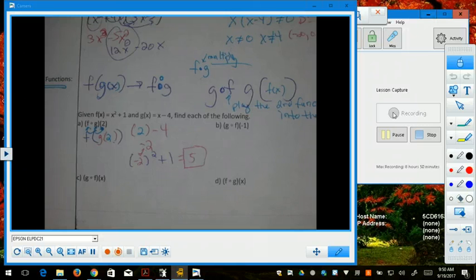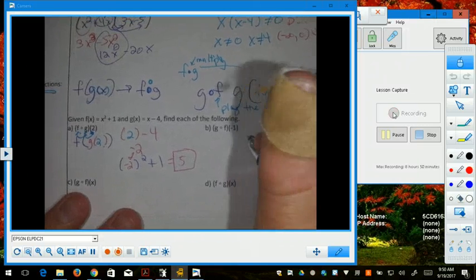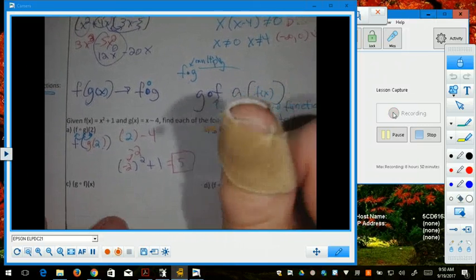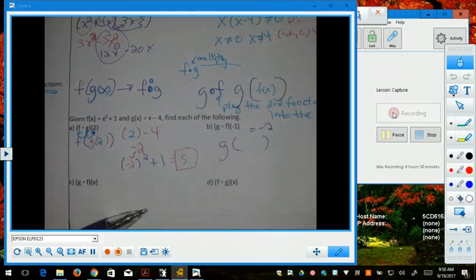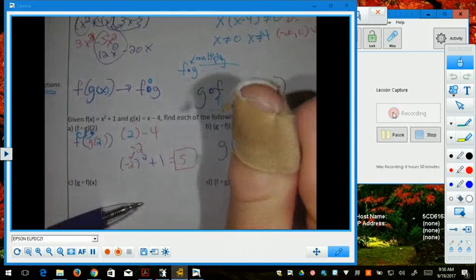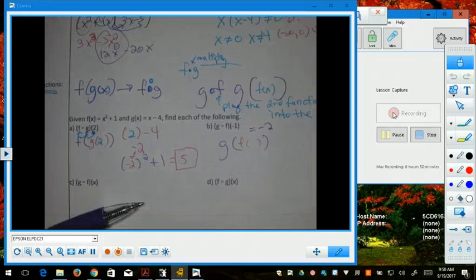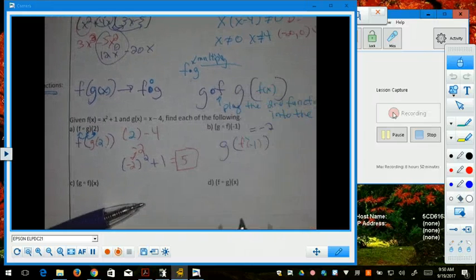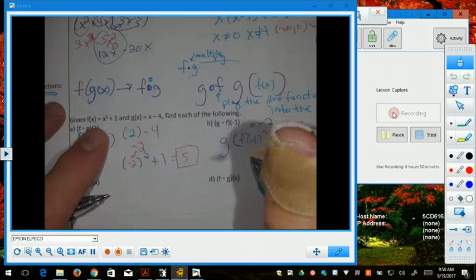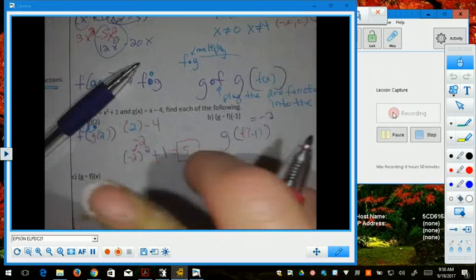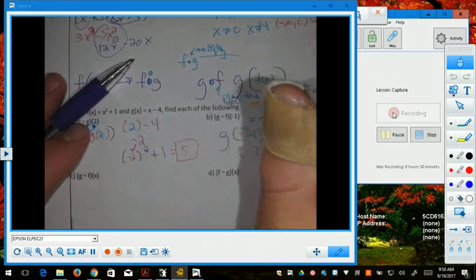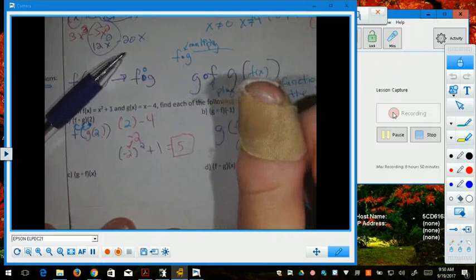If you did B correctly, you should have gotten an answer of -2. So what we're doing is plugging F into G and -1 into F. So inside F I have F is x squared plus 1, and I plug in the -1.